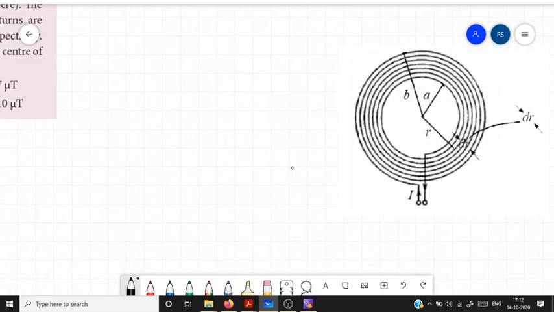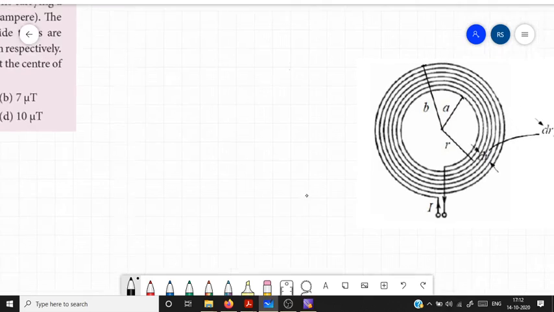So immediately we can understand that the first turn, which has inner radius A, has a very small radius comparatively, and the radius keeps on changing. As the number of turns keeps on increasing, the radius also changes.